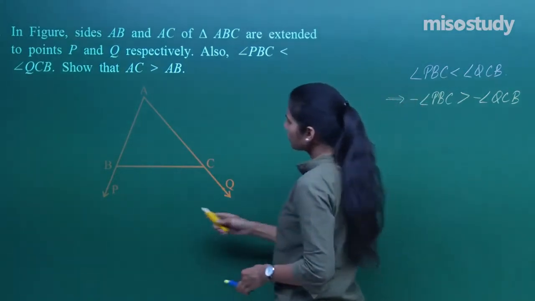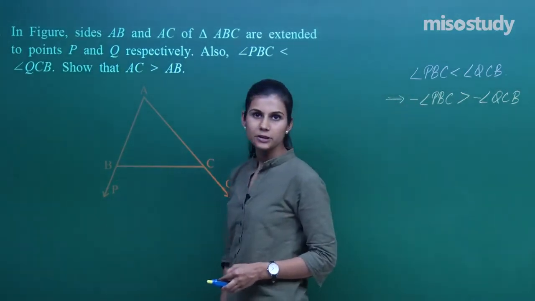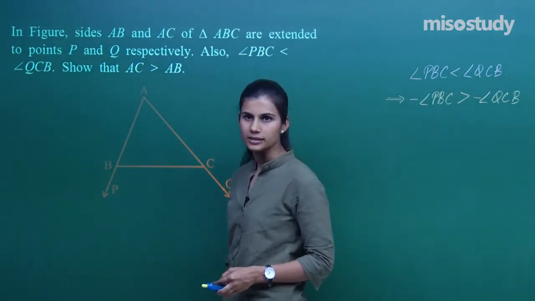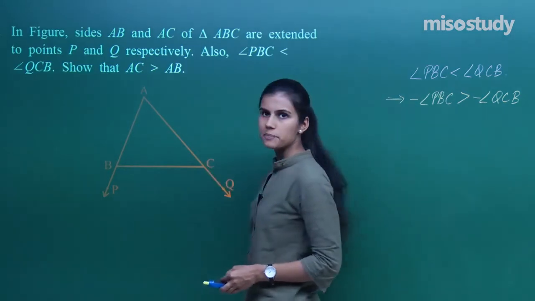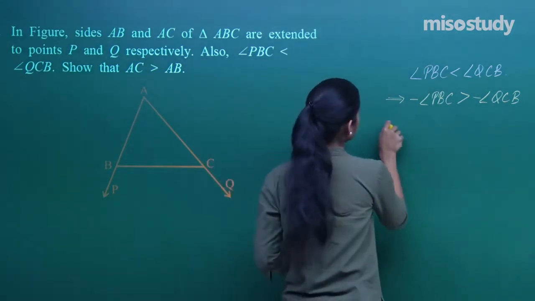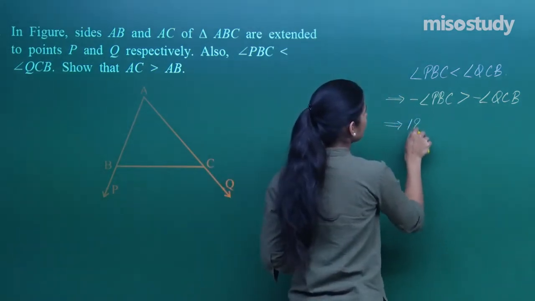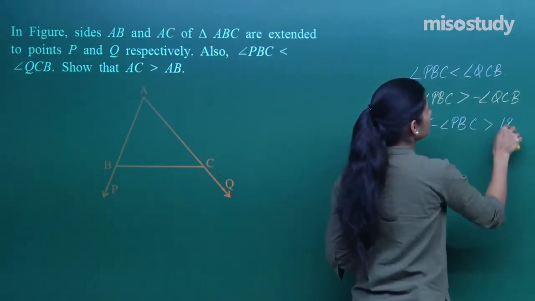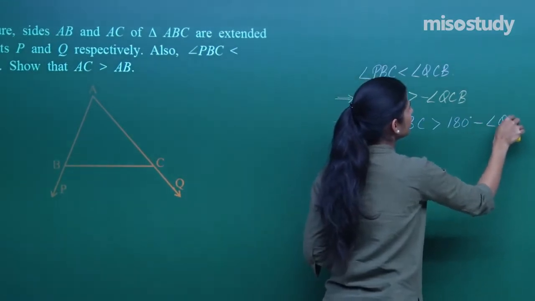The relationship between this exterior and this interior angle at B is that they add up to give you 180 because they are forming a linear pair of angles. Similarly, these two are forming a linear pair of angles. So what I do, if I add 180 both sides, because it's a positive number, inequality doesn't change.